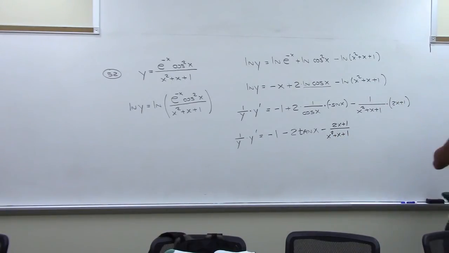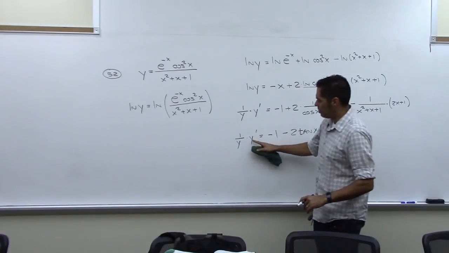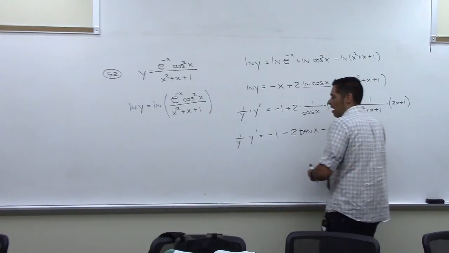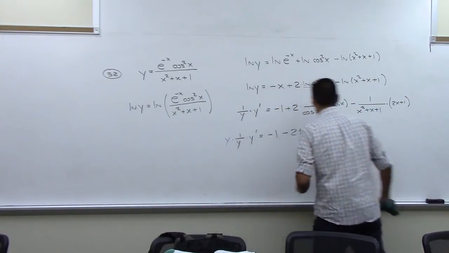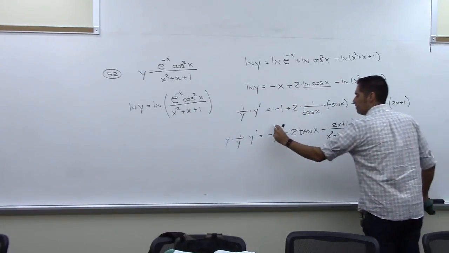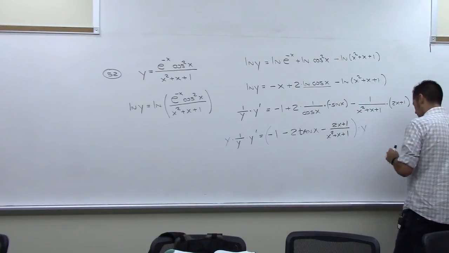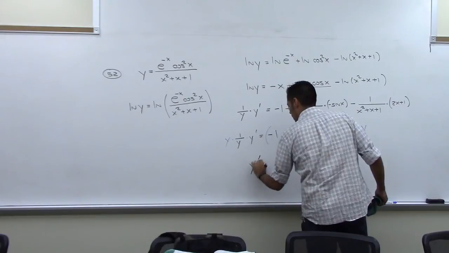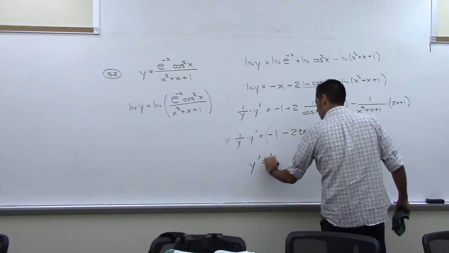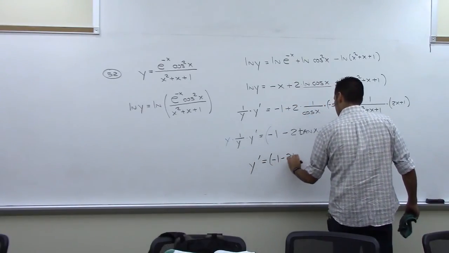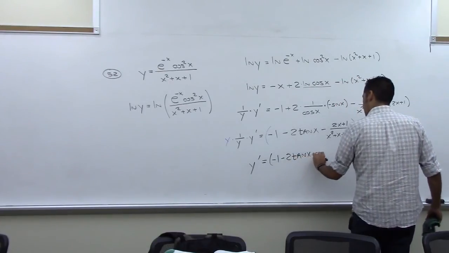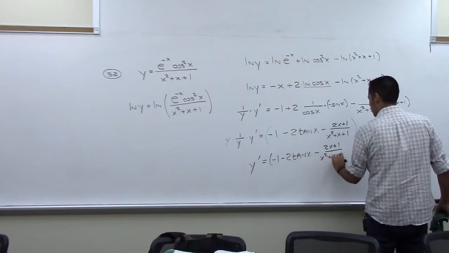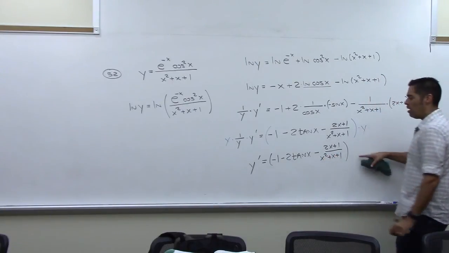I need y prime by itself. Right now, the left side says 1 over y times y prime. So I'm going to multiply both sides by y, this whole side by y. And then I'll get y prime equals negative 1 minus 2 tan x minus 2x plus 1 over x squared plus x plus 1, all times y.